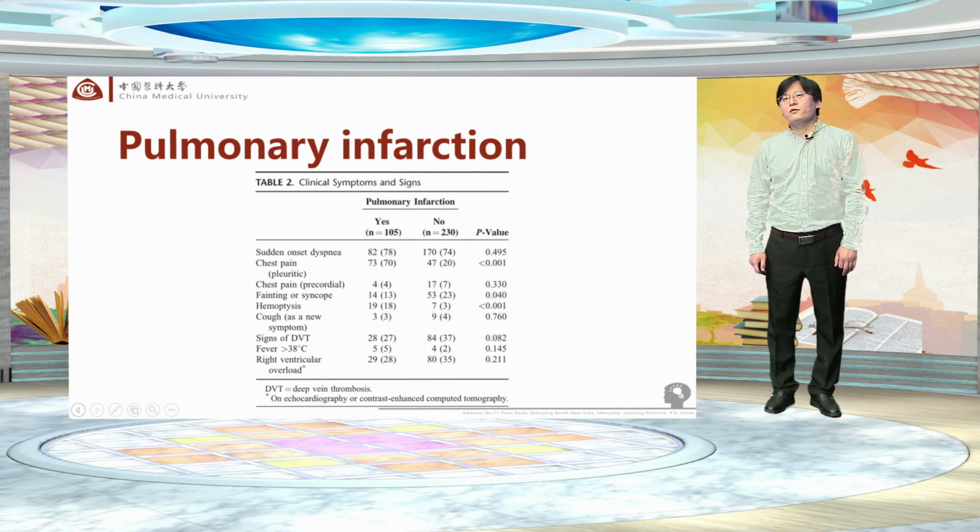But those with pulmonary infarction have more chest pain and more hemoptysis, that is blood coughing. And those with pulmonary thromboembolism but without pulmonary infarction have more fainting and syncope.